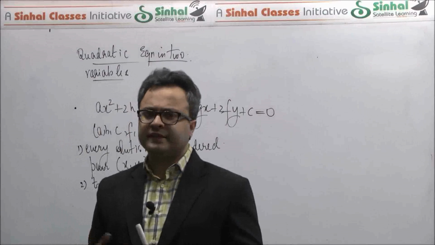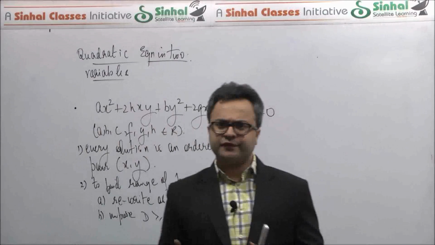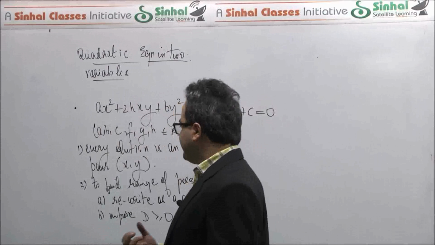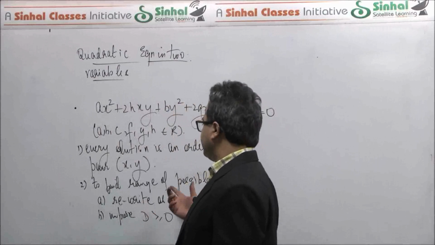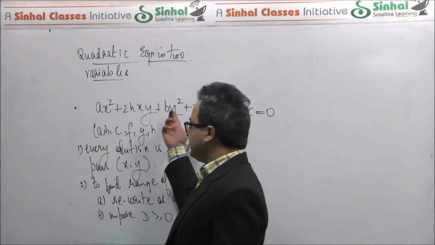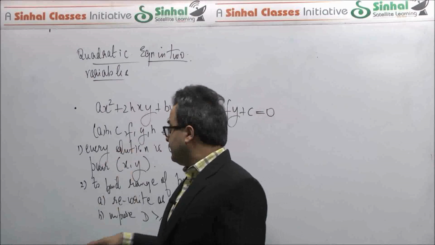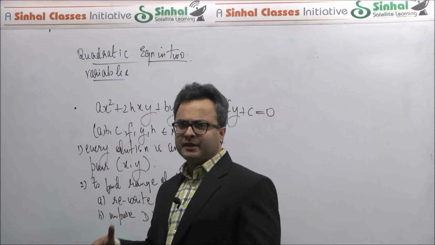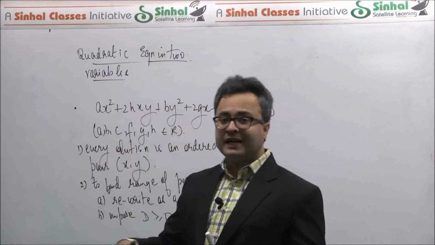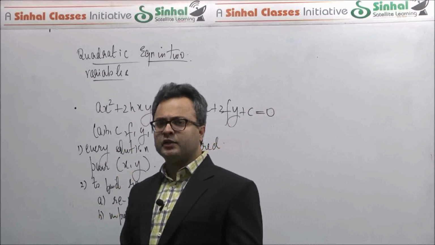So if you want to find the range of values that x can take, the procedure for that is pretty straightforward. What we'll simply say is that we rewrite the given equation as a quadratic in the variable y, and then we'll impose the condition that, since y is real, the discriminant of that equation in y has to be greater than or equal to 0.